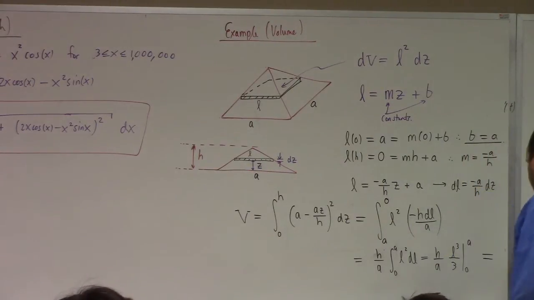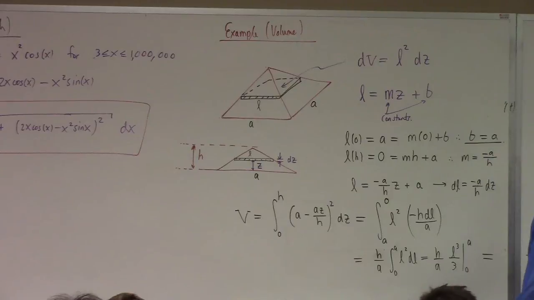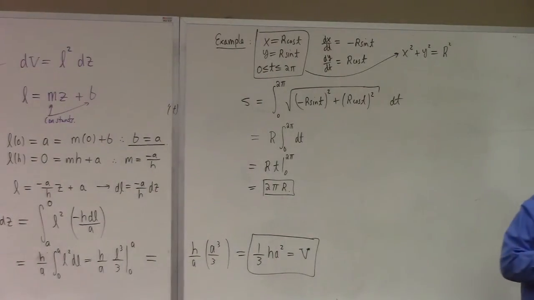Here's the well-known formula. So I get h over a times a cubed over 3, or if you like, 1/3 h a squared. Perhaps you already know that that's the formula for the volume of a square pyramid, height h, base side a.